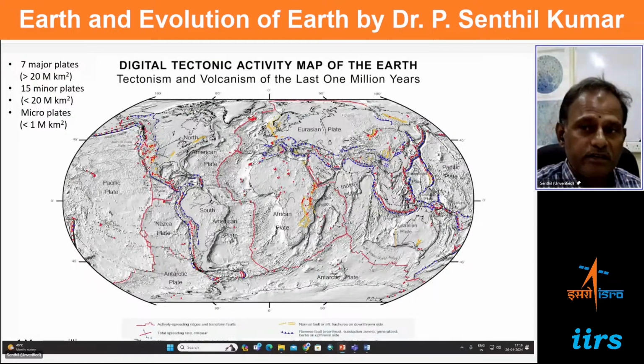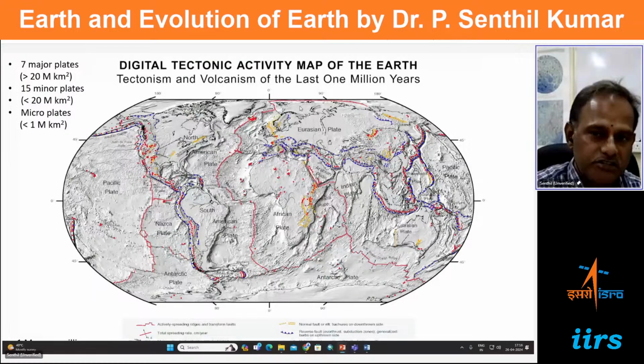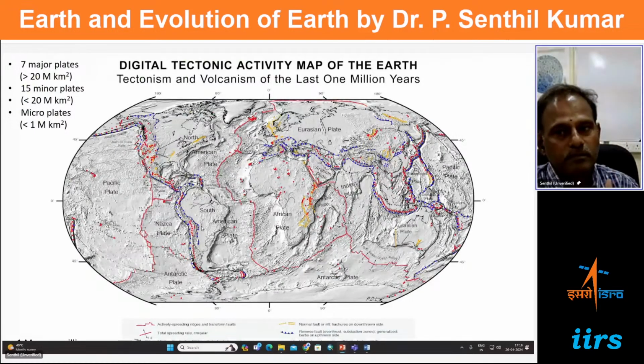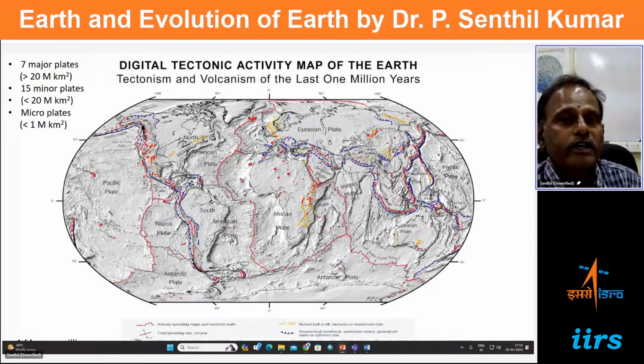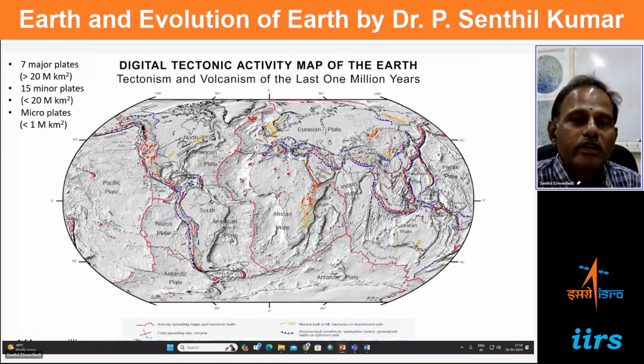You have India here, and you have the Asian plate, you have Russia, here you have the African plate, North American plate, South American plate, Australian plate. These plates, even now, are still moving away from each other. We don't know, after 300 million years or 500 million years, again another supercontinent may be formed. Why not?